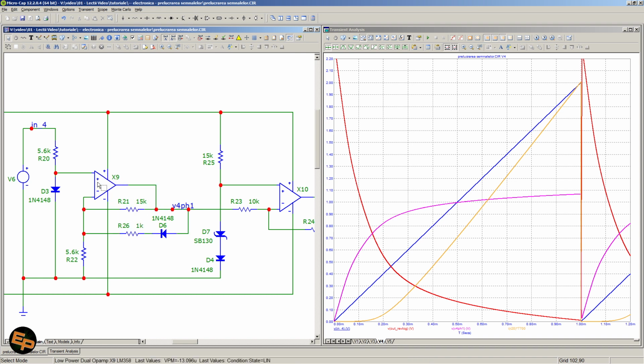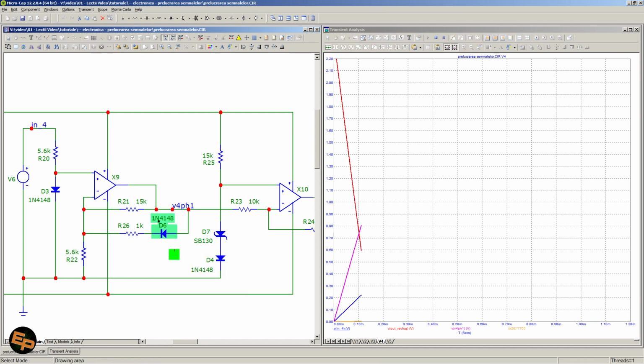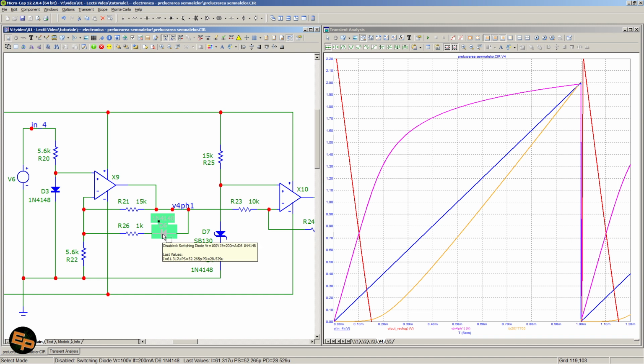And for that we are placing it in a non-inverting amplifier. R21 and R22 form the classical non-inverting amplifier feedback configuration of resistors. And if I would disable this diode, I will tell you in a moment what it does.